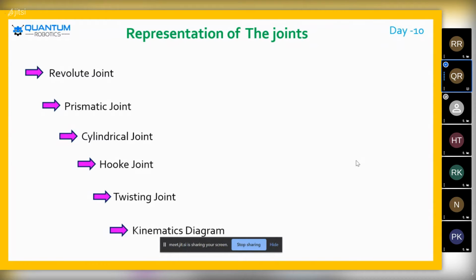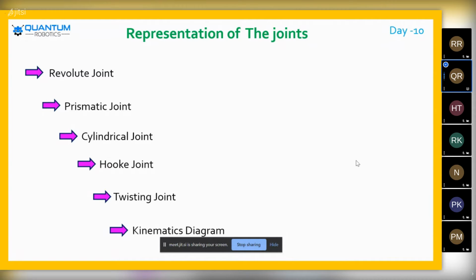Now we are going to learn about the different types of joints, and how those joints are used for different types of representation and in real-time use cases of robots in applications, making work precise and comfortable. Here we can see the revolute joint, prismatic joint, cylindrical joint, hook joint, twisting joint, and the kinematic diagram.